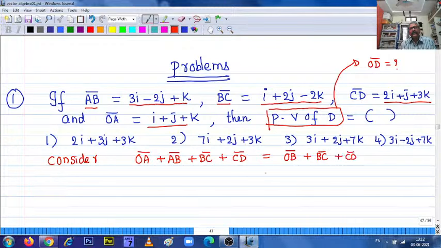See my dear students, OB bar plus BC bar is OC bar, plus CD bar. Yes, we get OD bar. This is the position vector of D. So that means add all these vectors, you will get the position vector of D.